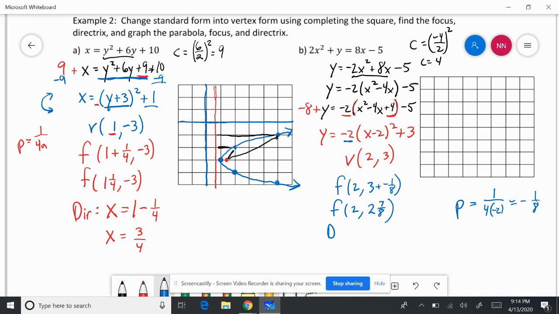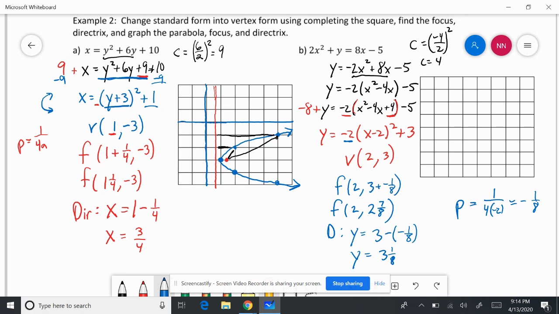My directrix is going to be y equals 3 minus a -1/8, meaning it's going to be y equals 3 and 1/8.